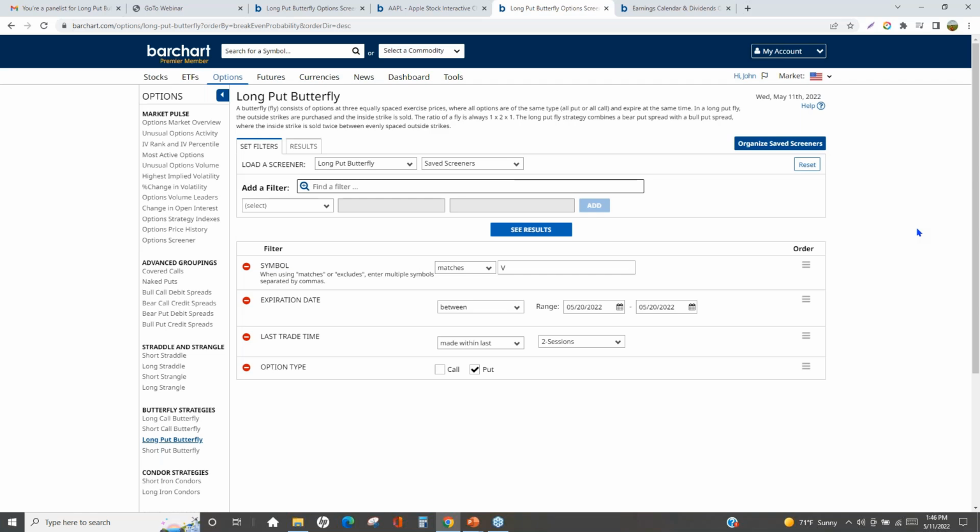If I'm looking at an index or an ETF, I'm probably looking at a lower probability of price movement, which means a higher probability that price is going to stay in a range, lower price volatility, which means I'm going to get a lower profit. Again, I want to get paid for predicting where the butterflies are going to land.